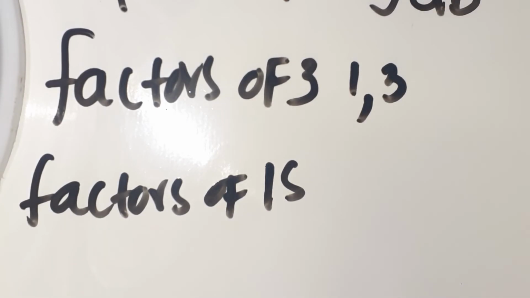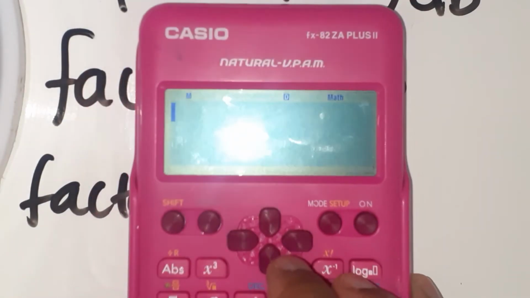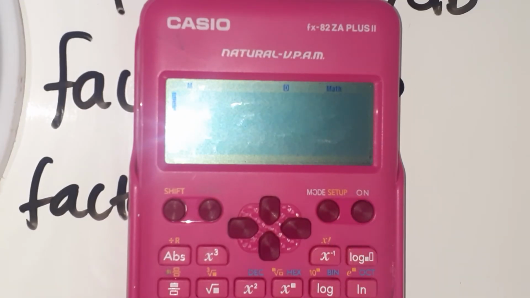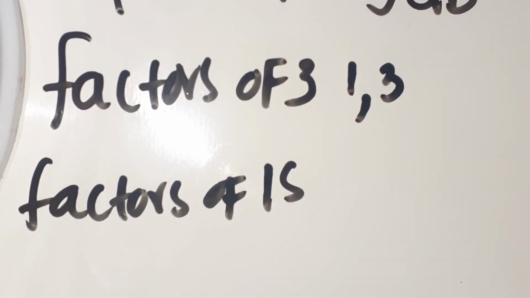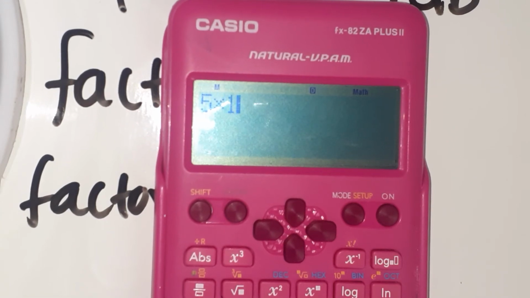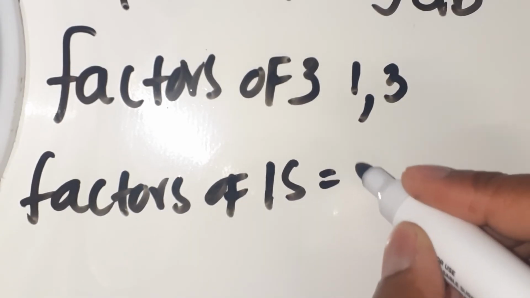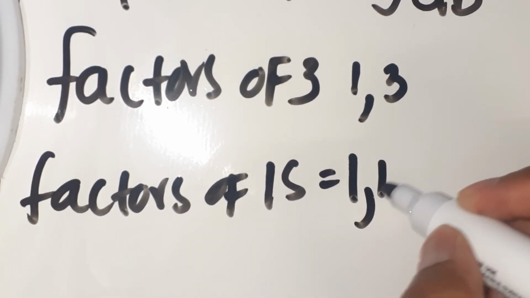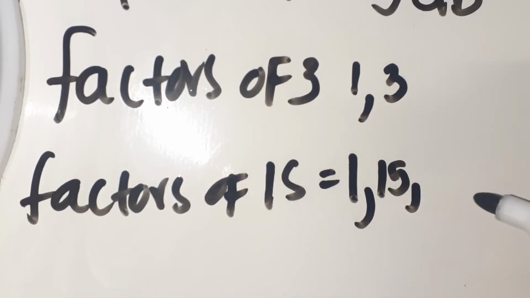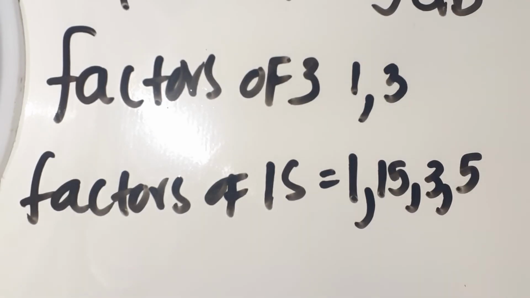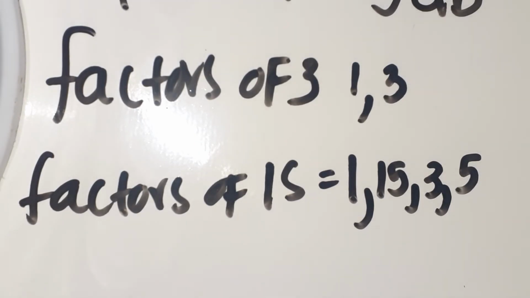The factors of 15 will be 5 times 3, and 15 times 1. So the factors will be 1, 15 as well. And then we have 3 and 5 as well as the factors of 15. And those are all the factors.